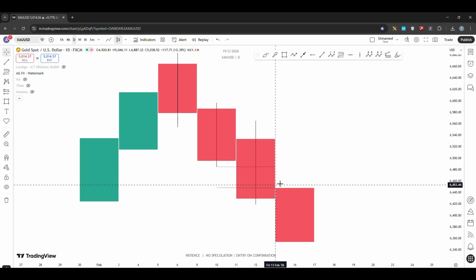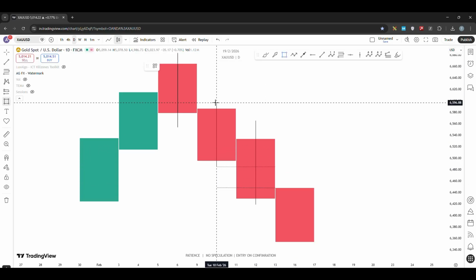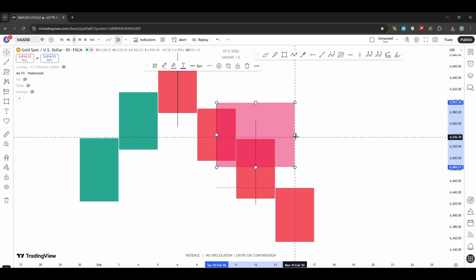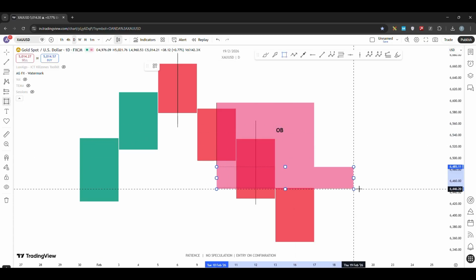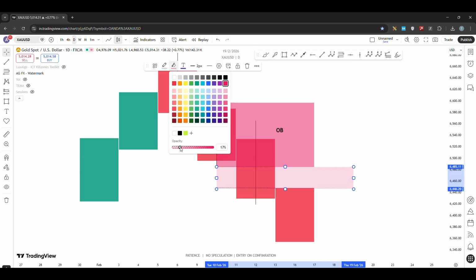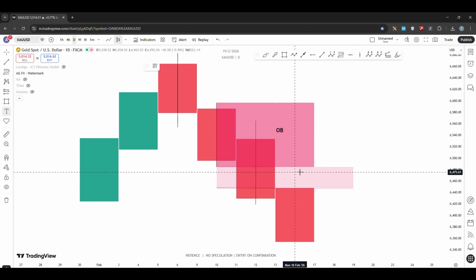So there is a fair value gap between them. That means this candle now becomes an order block candle, right? And below this, we have got a fair value gap.